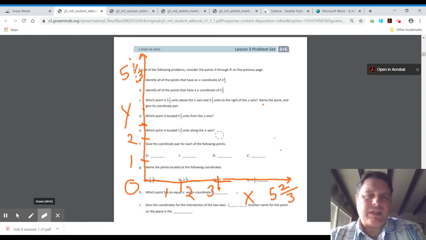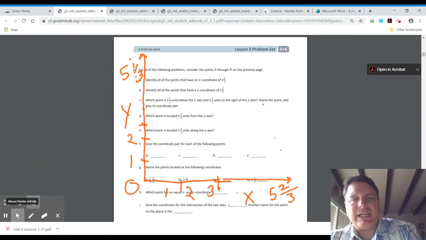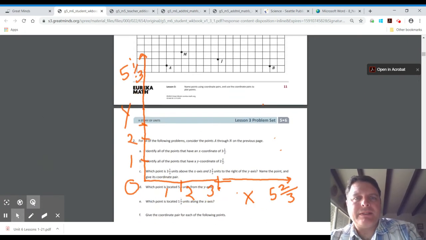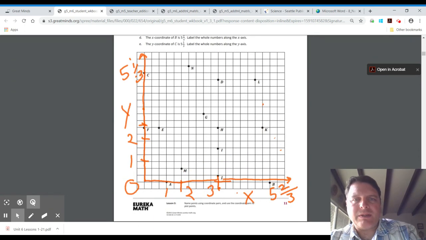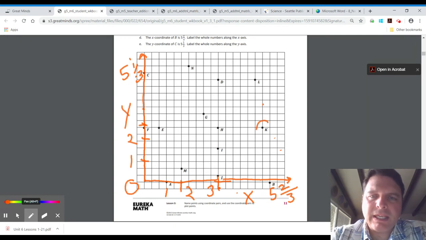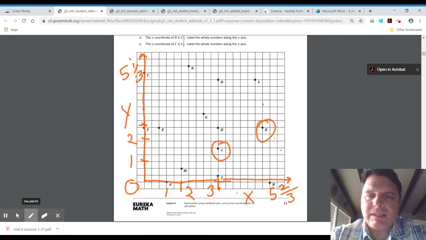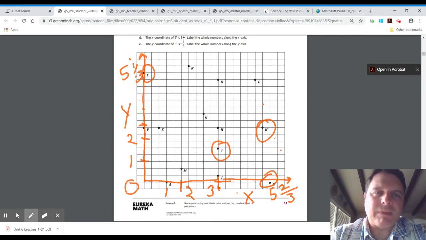The points are K, I, B, and C. K, I, and that's a B, and letter C.